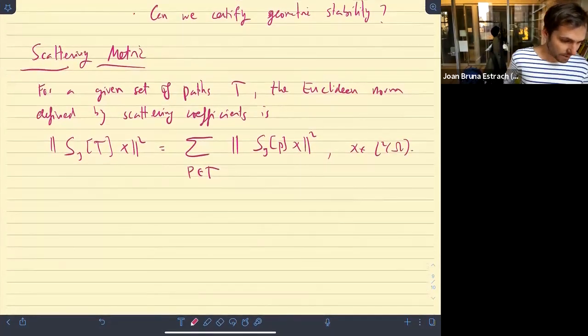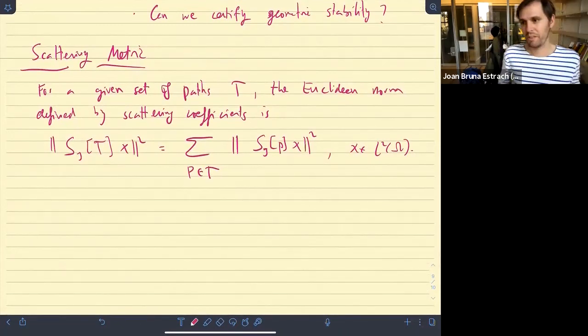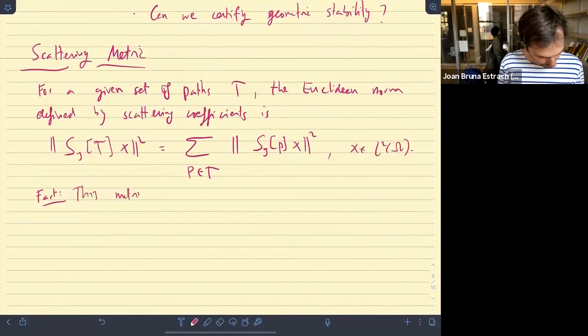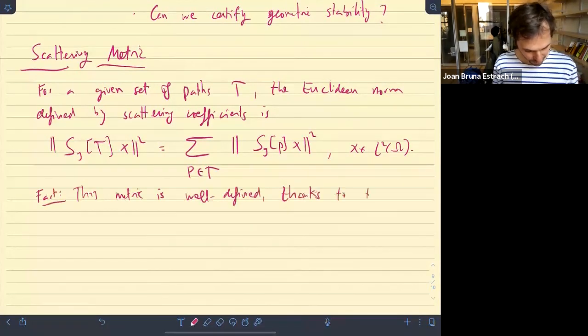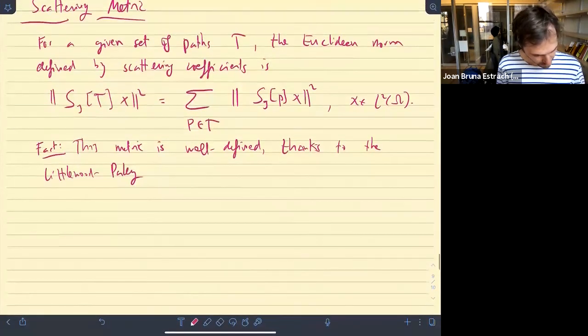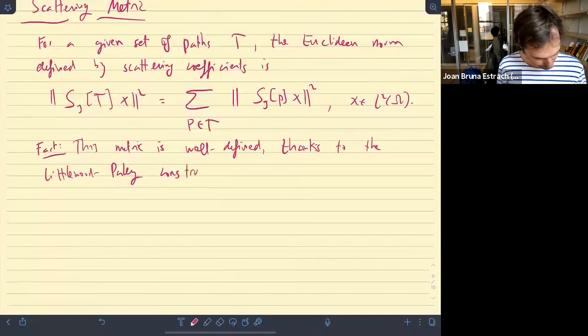And it's well defined because of, again, a basic fact. So this metric is well defined thanks to the Littlewood-Paley construction.